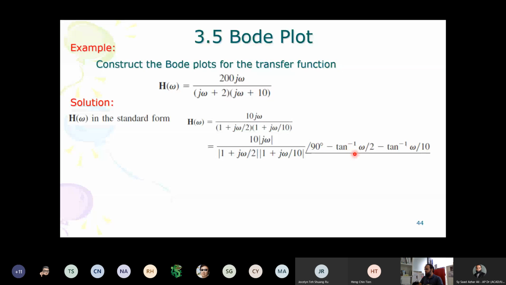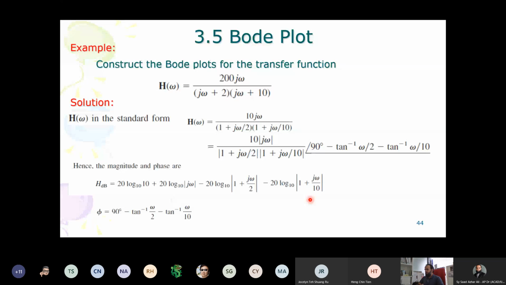Since they were in the denominator, this is the negative sign, right? And when we apply the 20 log dB, log is linear, not linear, but it can go inside. So it will be log 10 plus log j omega minus log of this and minus log of this. And the angle is simple as that. The phase is like this.